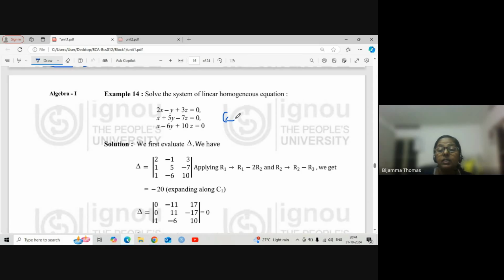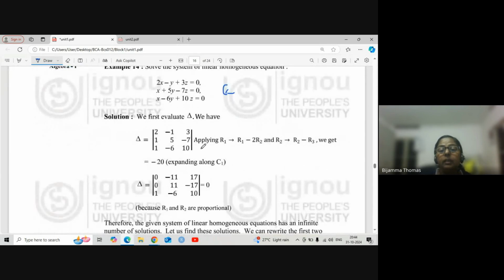Then we have to check whether the solution is unique or infinite in number. For that, first identify the value of delta: the determinant with rows 2, minus 1, 3; 1, 5, minus 7; and 1, minus 6, 10. First identify the value of the determinant.